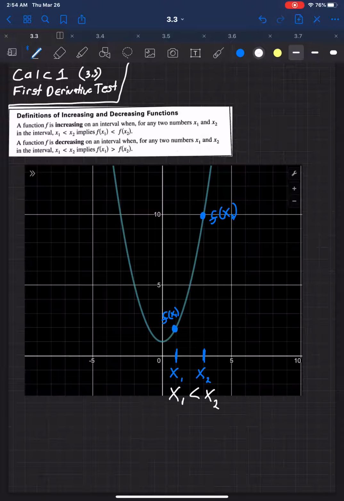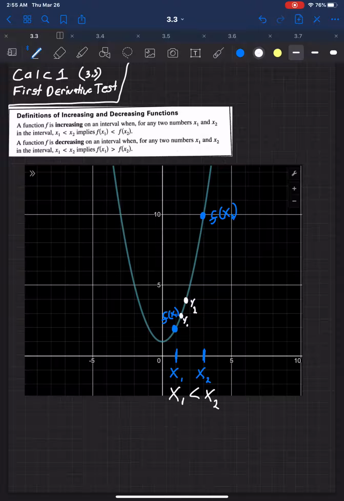That means, look, for any two numbers that you choose, as long as x sub 1 is less than x sub 2, then f of x sub 1 will be less than f of x sub 2. Does that make sense? Notice, let's get rid of the f notation. Let's just say y. Don't you agree with me that y sub 1 is less than y sub 2?